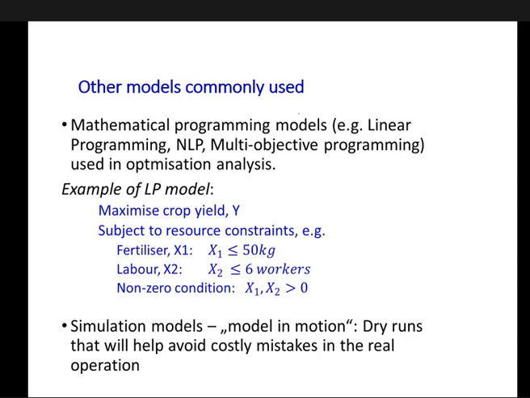So you go into a mathematical programming model to advise this farmer how much of each resource to combine in order to maximize the yields or the profits. These other ANOVAs and regressions may not give you that optimization level in those kinds of examples.